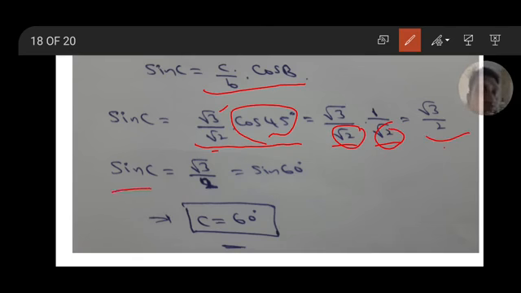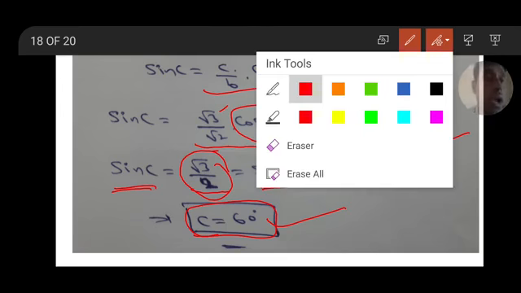That is sin C equals root 3 by 2. Root 3 by 2 means sin 60 degrees. Sin C equals sin 60 degrees means C equals 60 degrees. This is the answer.